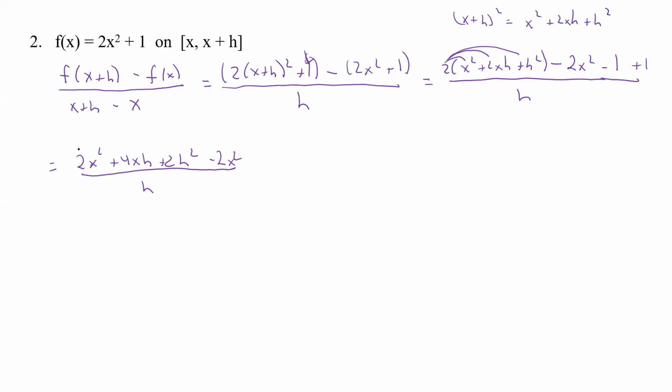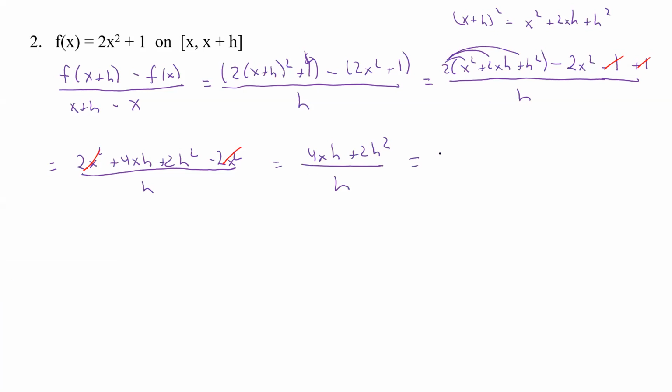Well, notice now the 2x squared cancels here. So let's go ahead and maybe we should write down everything that cancels. And so that cancels that. Then 2x squared and minus 2x squared cancels. And so now what we have is 4xh plus 2h squared all over h.